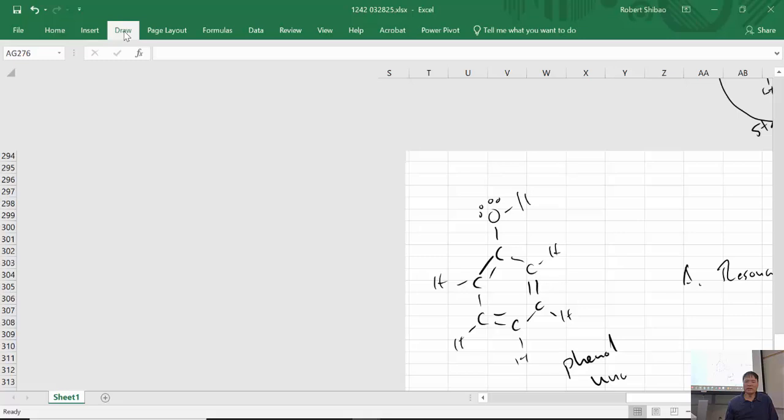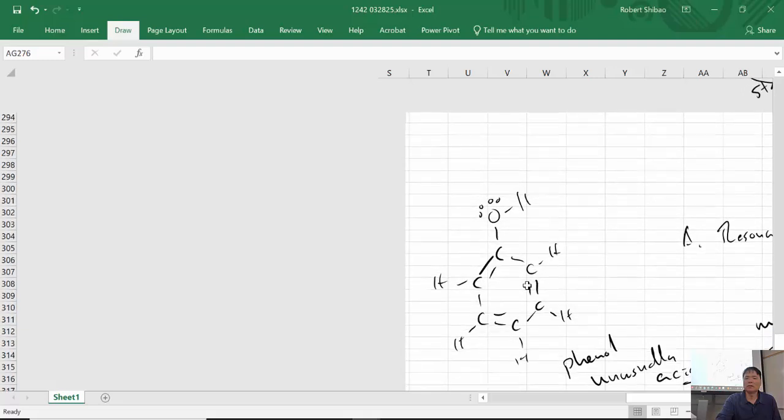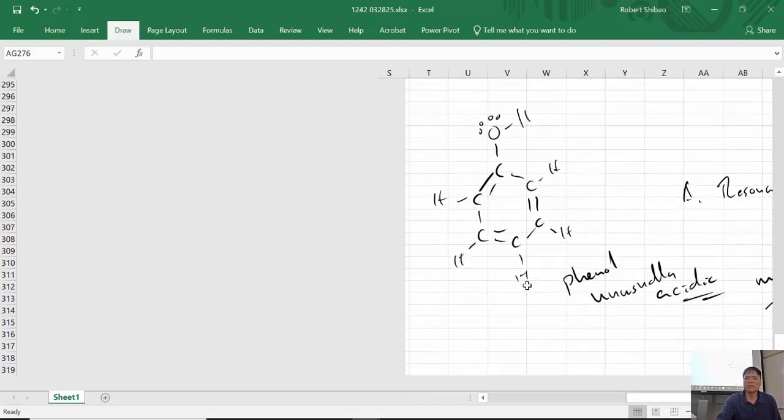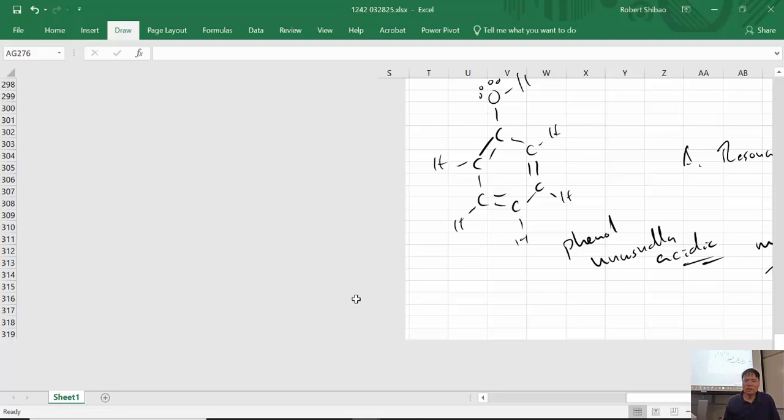Phenol is unusually acidic. Unusually acidic because alcohols form conjugate bases that are terribly unstable. And so it looks like this one does the same.